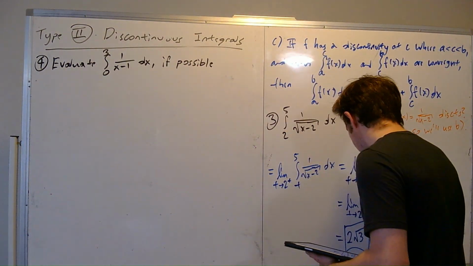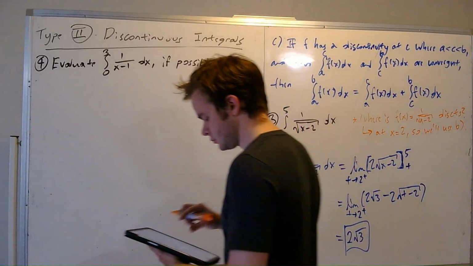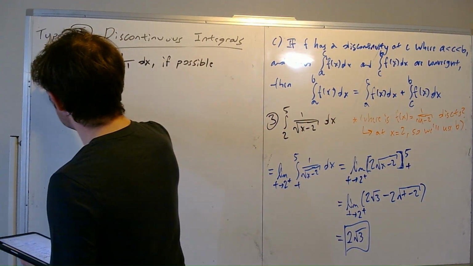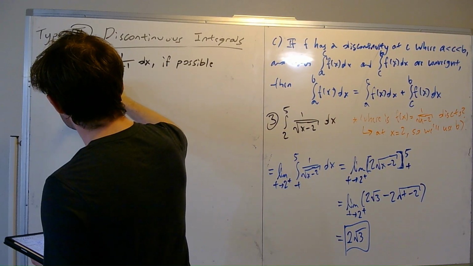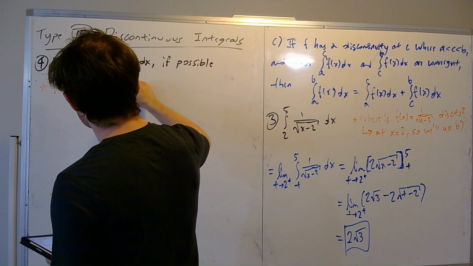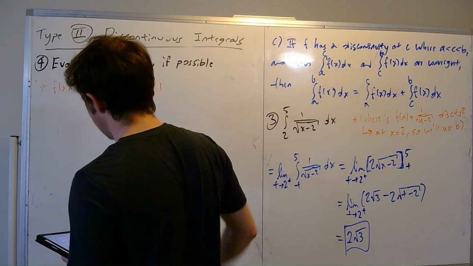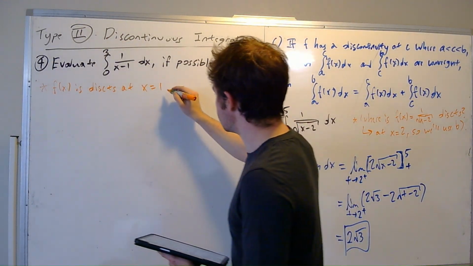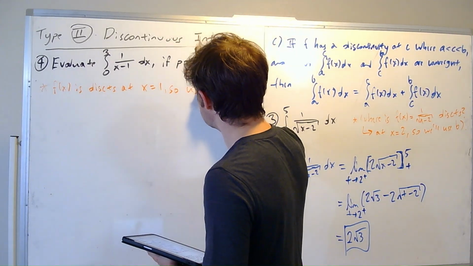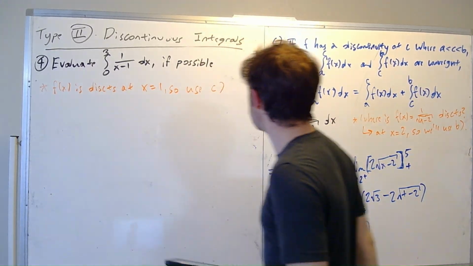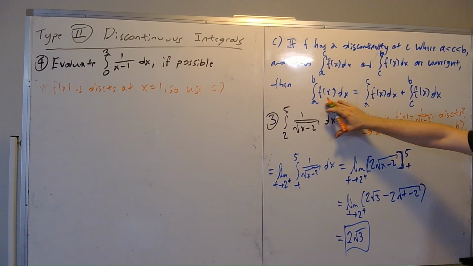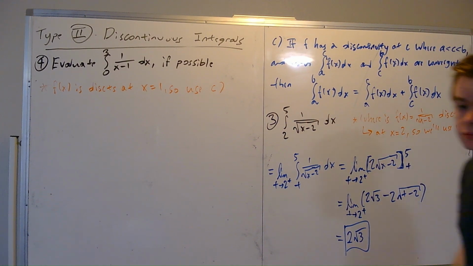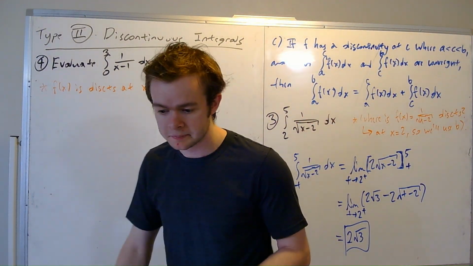So we'll say here f of x is discontinuous at x equals 1. So use part C, right? Because in part C we said if we've got a discontinuity somewhere between a and b, we just break up this integral into these two parts. So that's what we're going to do.